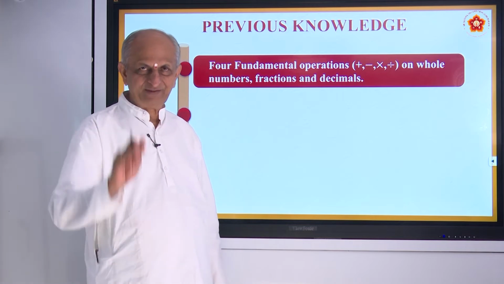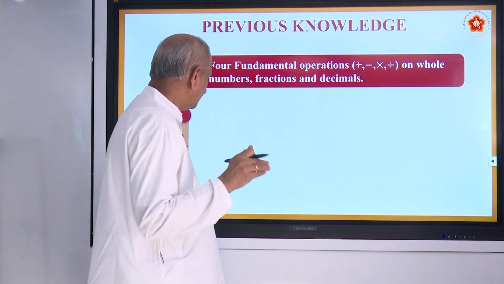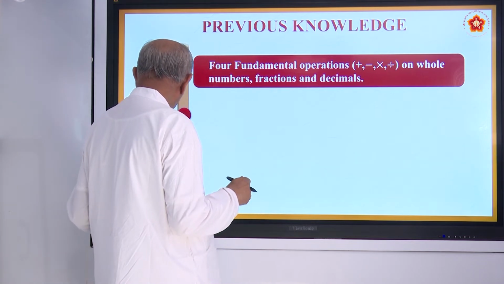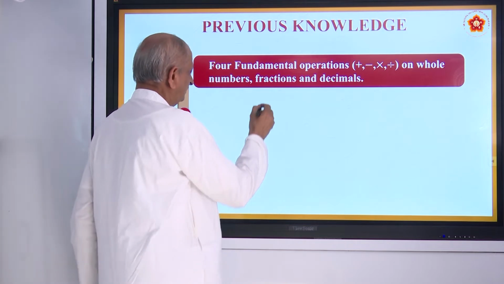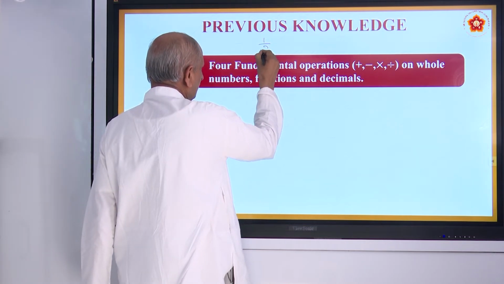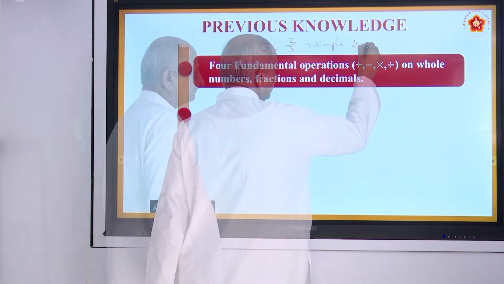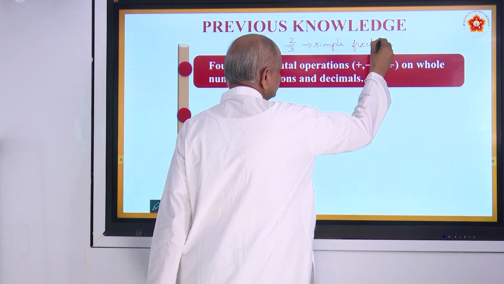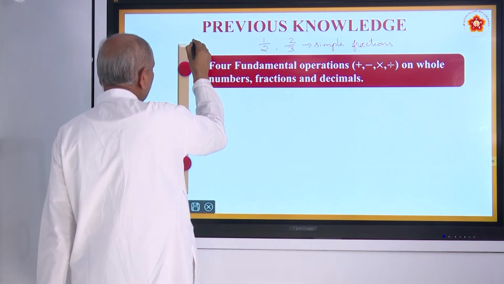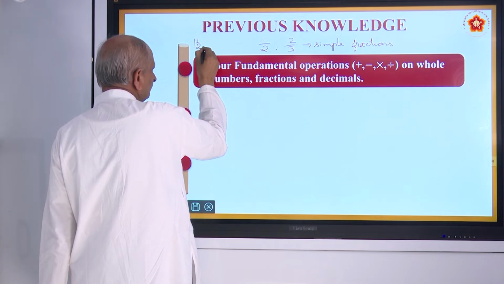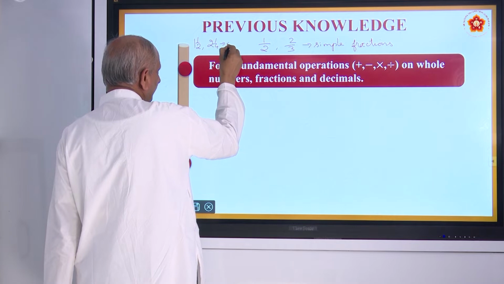There are 3 kinds of fractions. One is called simple fraction, where the numerator is less than the denominator. For example, half, 2 by 3, etc., these are called simple fractions. And there are some mixed fractions. For example, you have 1 and 1 by 4, etc. These are called mixed fractions.